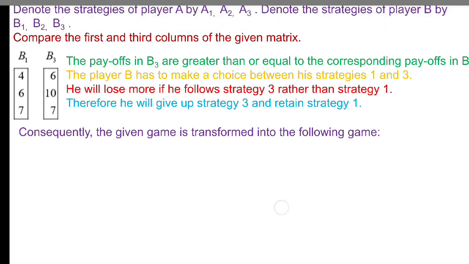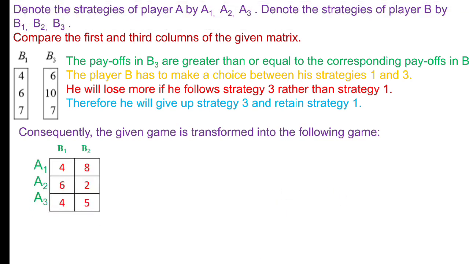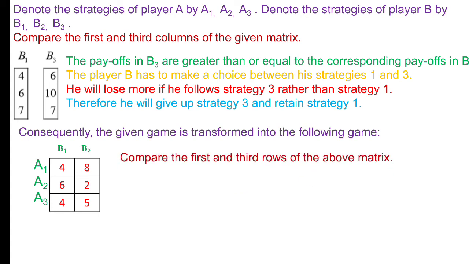Now we are going to solve on a row basis. Compare the first row and third row of the above matrix. Then in the first and third rows, all the first row elements are greater than the third row elements, so it will be considered. Then we'll get a payoff matrix greater than this one.